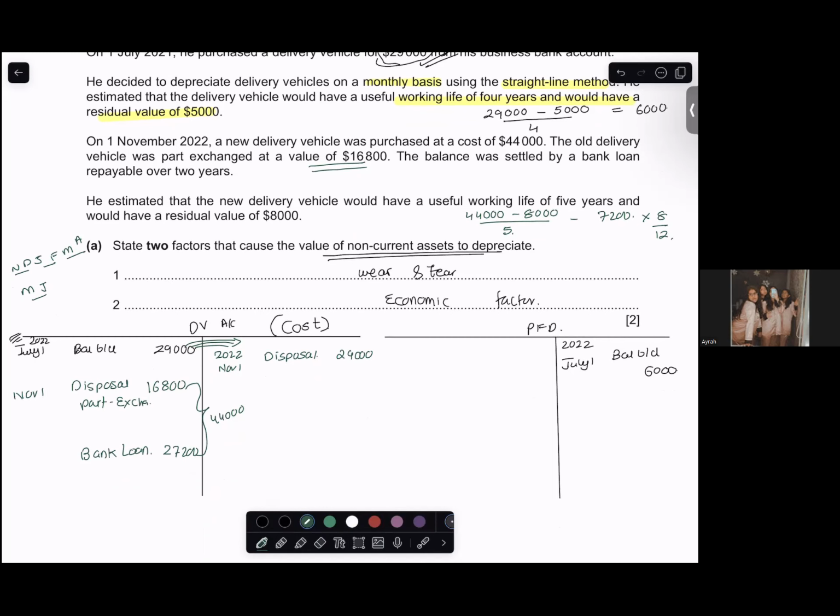So you'll do 7,200 into 8 by 12, right? Yes. So 4,800. Check properly. 44,000 minus 8,000, divided by 5, is 7,200 per year.